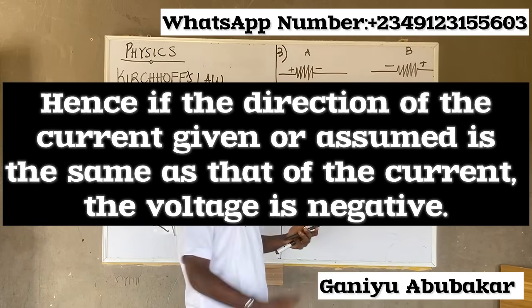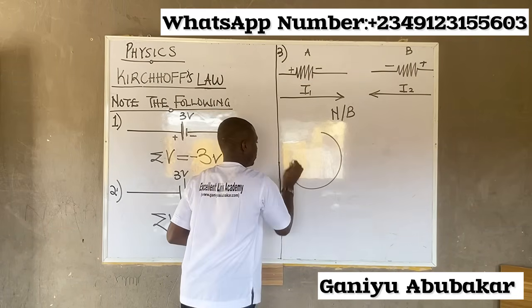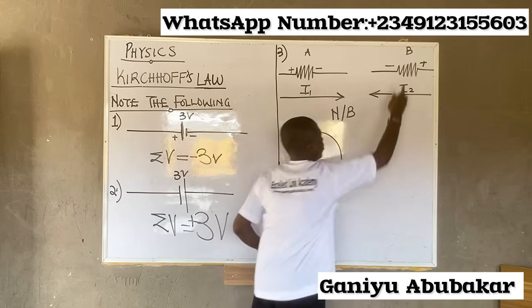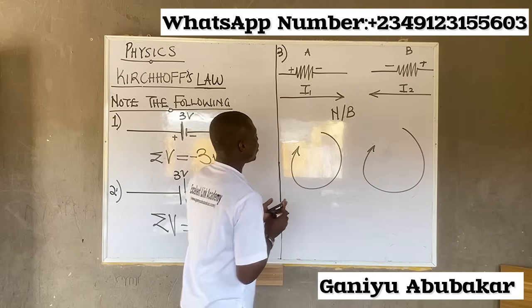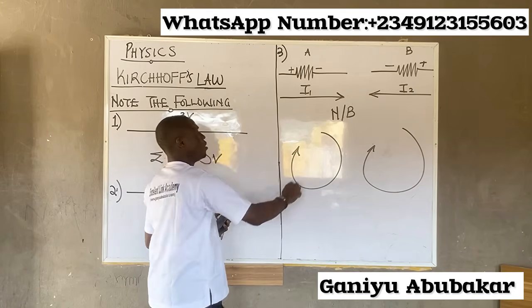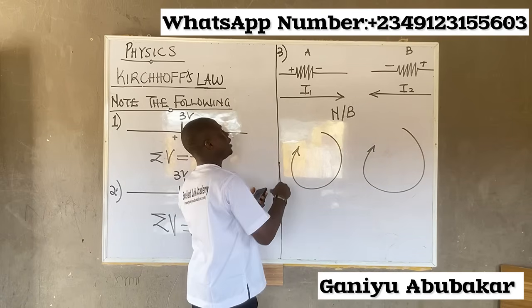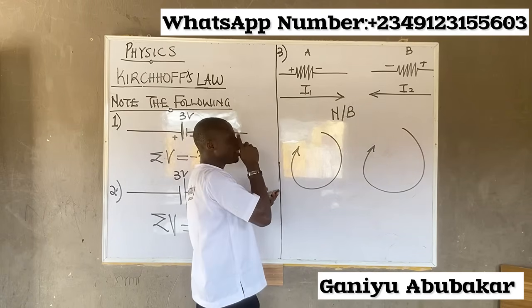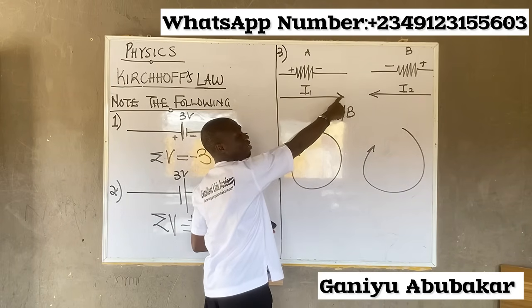What do I mean? Look up, please. Let's say I have this direction here, a clockwise direction. This one too, I have a clockwise direction this way. Please observe that this assumed direction is following or corresponding with the given direction of current.